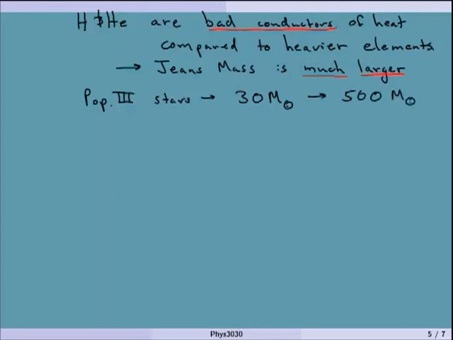Okay, and this is huge. These are huge, huge stars, and this is really how big they need to be for ignition, right?